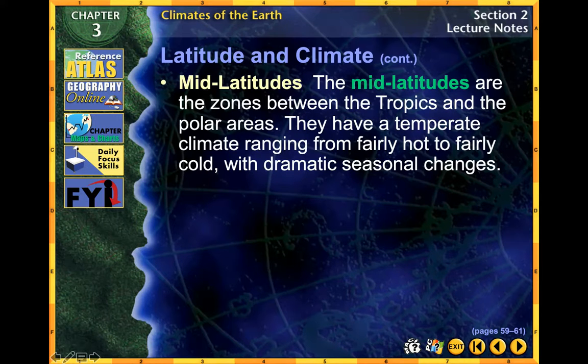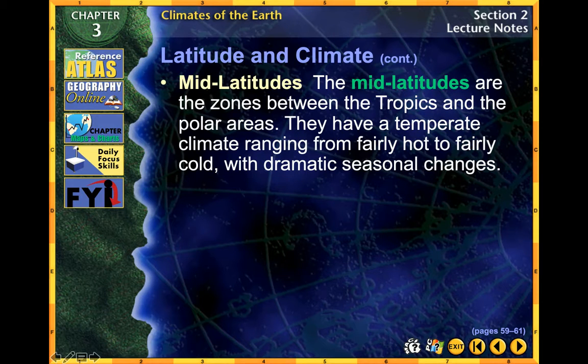The most variable weather on Earth is found in the mid-latitudes, between the Tropic of Cancer and the Arctic Circle in the northern hemisphere, and between the Tropic of Capricorn and the Antarctic Circle in the southern hemisphere. In summer, the mid-latitudes receive warm masses of air from the tropics. And in the winter, cold masses of air move from the high latitudes toward the mid-latitudes.